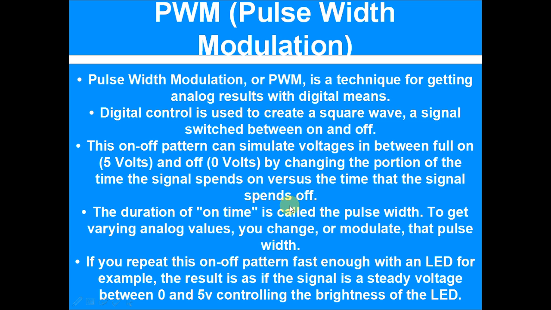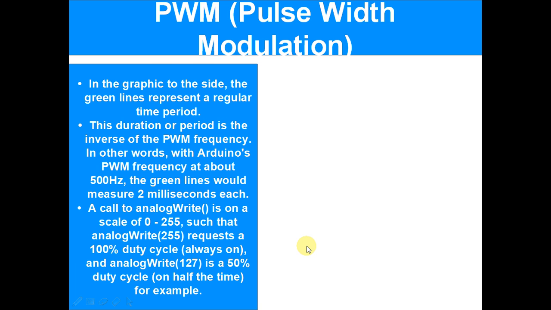The duration of on time is called the pulse width. To get varying analogue values, you need to change or modulate that pulse width. If you repeat this on-off pattern fast enough, with an LED for example, the result is as if the signal is a steady voltage between 0 and 5 volts, controlling the brightness of the LED.